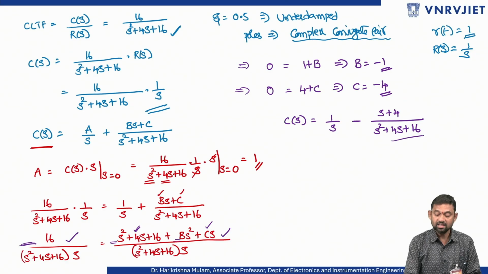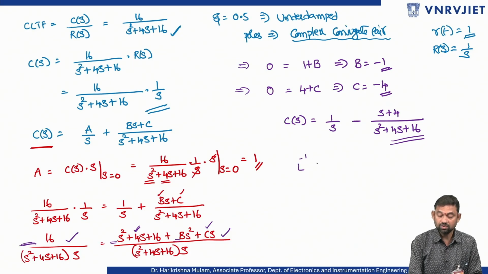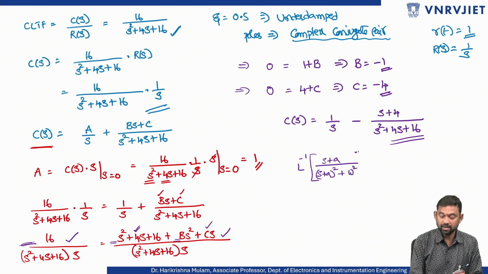Again, as there is no direct inverse Laplace transform formula for this, you need to adjust it so that you will be able to use inverse transform formulas like S plus A by S plus A whole square plus omega square, which is given as e power minus at cos omega t.